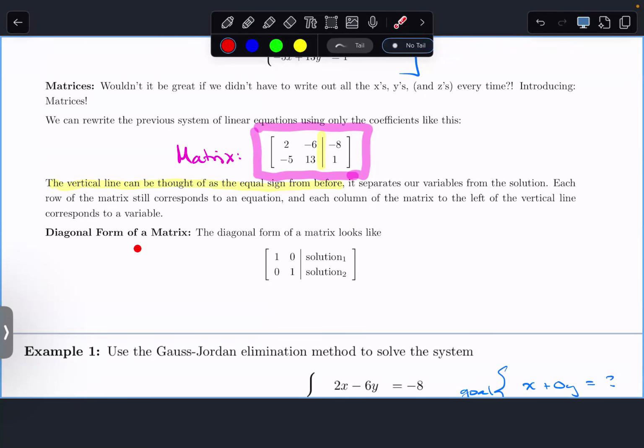So the diagonal form of a matrix, which remember was our goal from earlier, was to have 1, 1 on the diagonal and zeros around it, right? And then the result is solution 1, solution 2. So that's nice. And so I'll just highlight that you want to have 1s on the diagonal, zeros everywhere else.